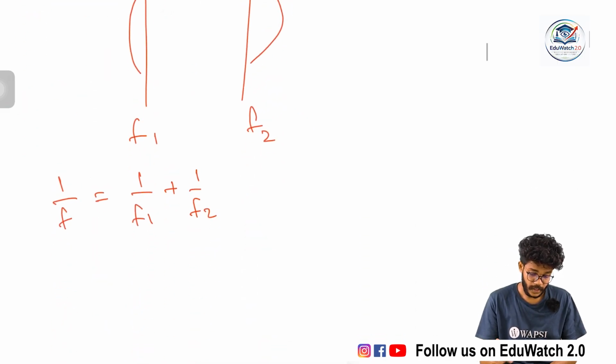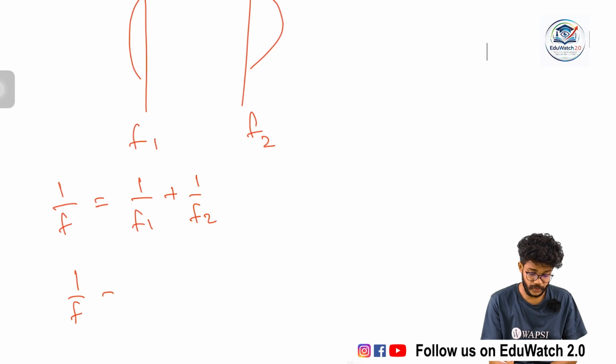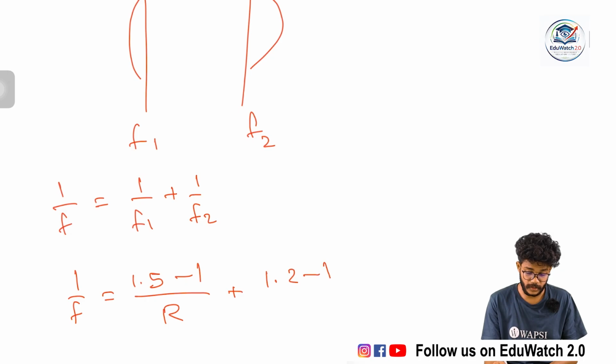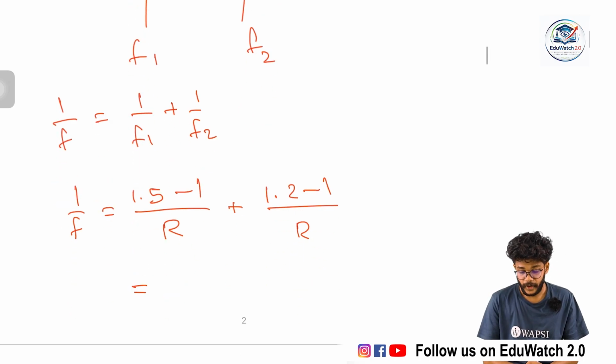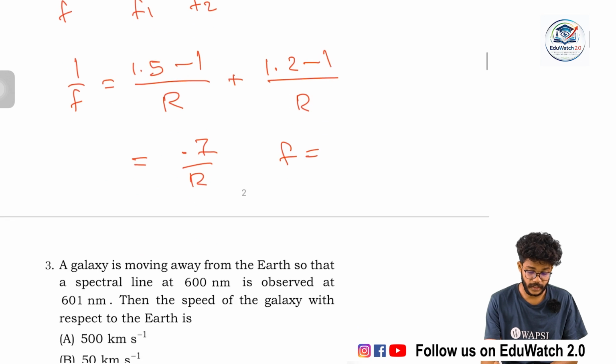Okay, so N2 is 1.5. So 1 by f is equal to 1.5 minus 1 by R plus 1.2 minus 1 by R, which is equal to 0.5 and 0.2, 0.7 by R. So focal length is equal to R by 0.7.